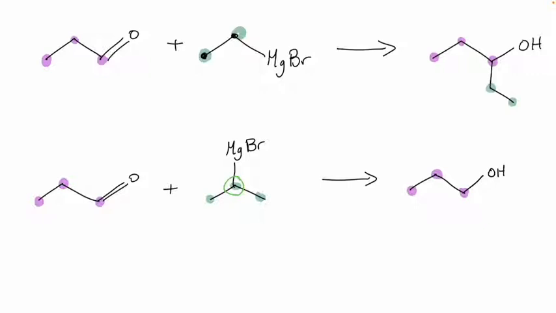That's where my new bond's gonna be, right? So when I'm gonna add this 3 carbon group here, these are my 3 carbons, and again, the new bond is between what was formerly my carbonyl carbon and, in my Grignard, the carbon with the magnesium. This one right here.